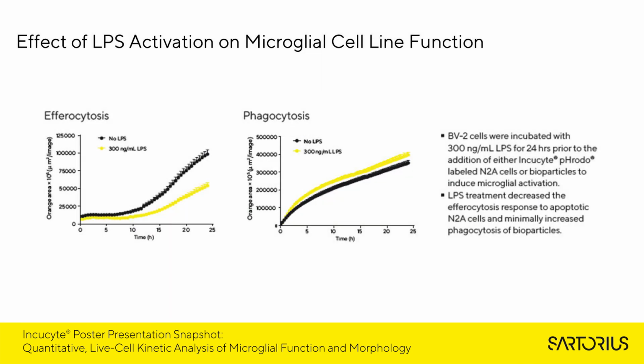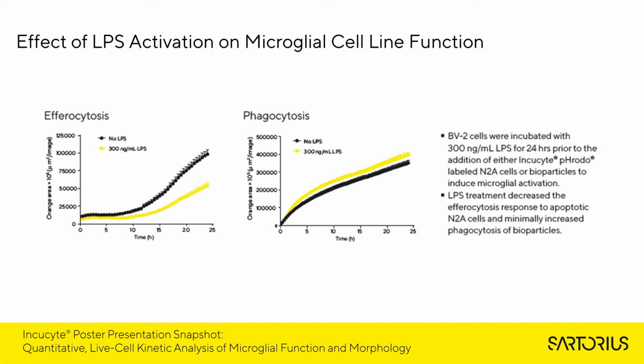Now we'll be looking at the effect of LPS activation on microglial cell line function. As I stated before, these are two distinct processes, and here we're showing a differential effect of LPS activation. BV2 cells were incubated with 300 nanograms per mil LPS for 24 hours prior to the addition of either Incucyte pHrodo labeled neuro2A cells or bioparticles to induce microglial activation.